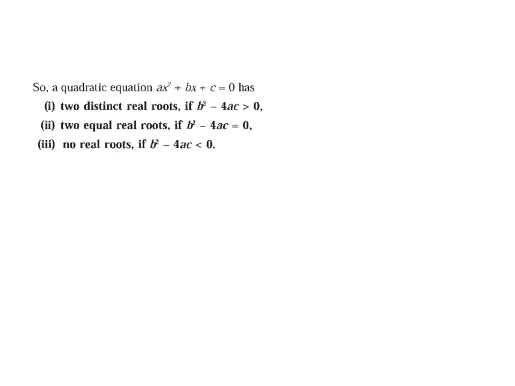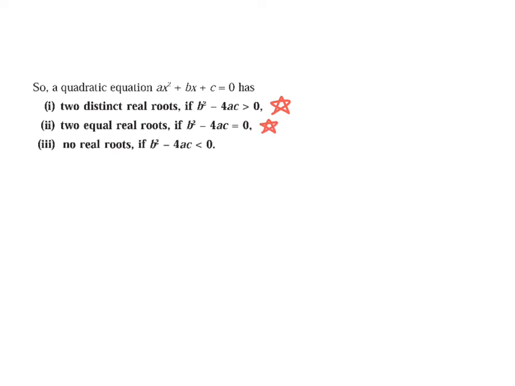Remember the three cases? If a quadratic equation is of the form ax squared plus bx plus c, you will have two distinct roots if b squared minus 4ac is greater than 0, if this is positive. You will have two equal roots if b squared minus 4ac is equal to 0.